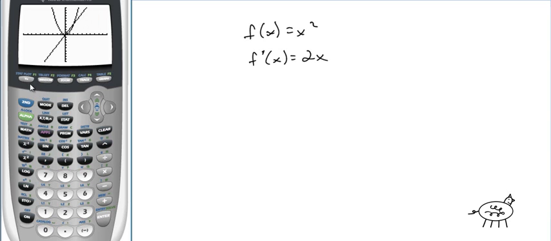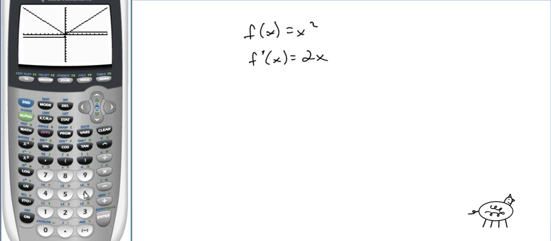All right, let's look at one more function. If I do y equals absolute value of x, so let's go math, number, absolute value of x, and then I do zoom 6, and there it is. Check that out. You can see the derivative is -1.